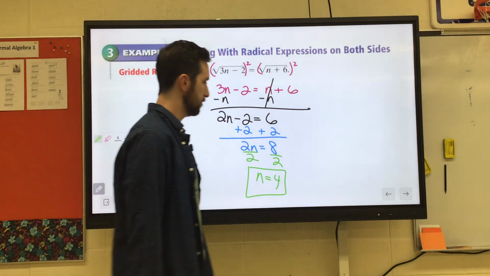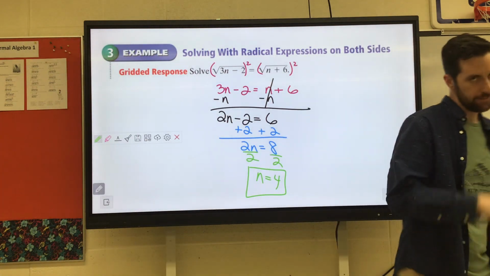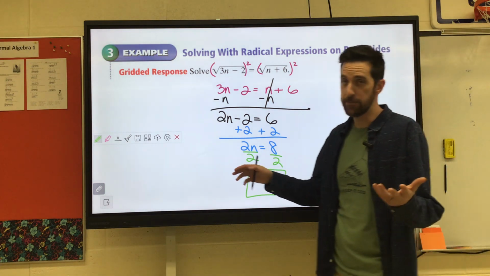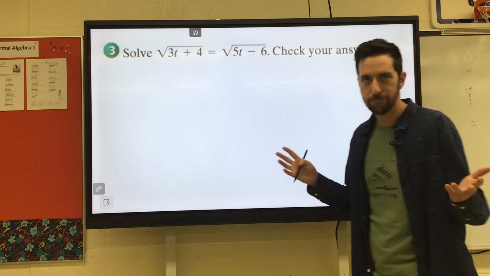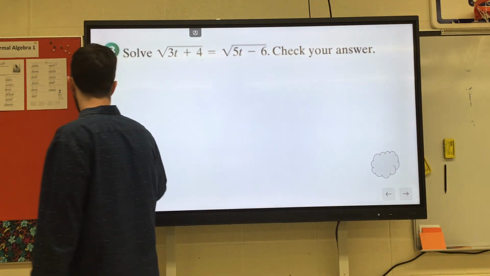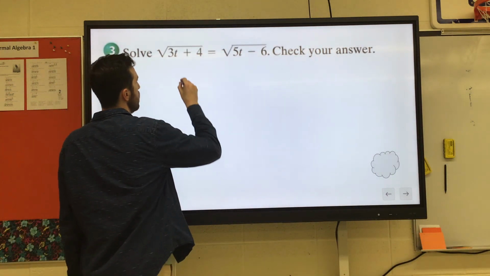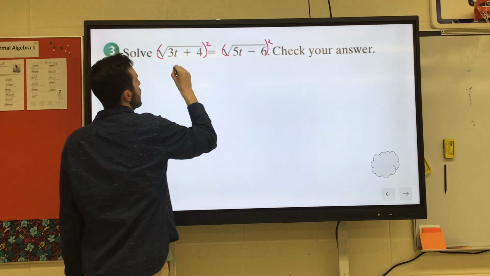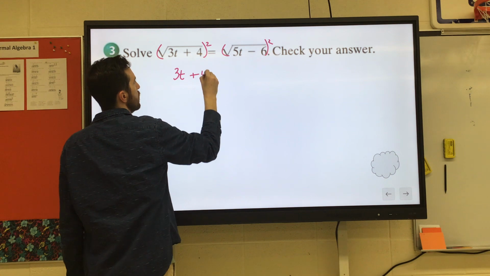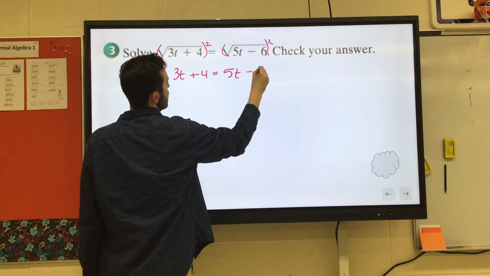Wow, fun. All right. I have one that I'd like you to try, and I'll go over it up here as well. Give this a whirl. We'll square both sides. Gives us 3t plus 4 equals 5t minus 6.